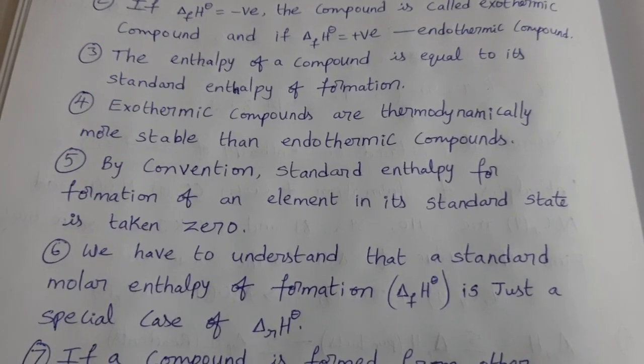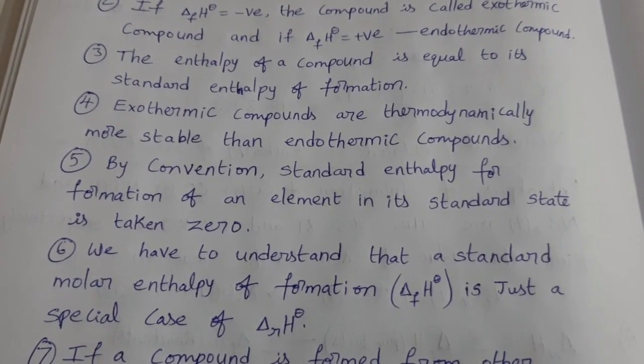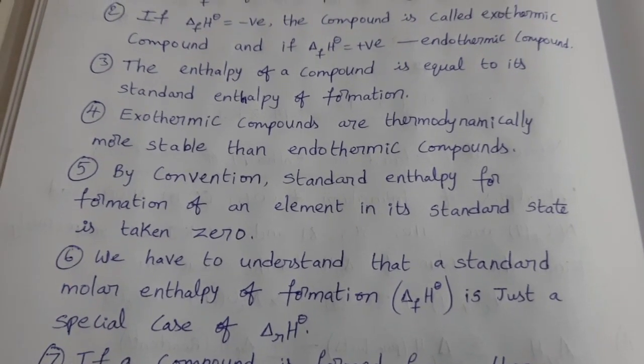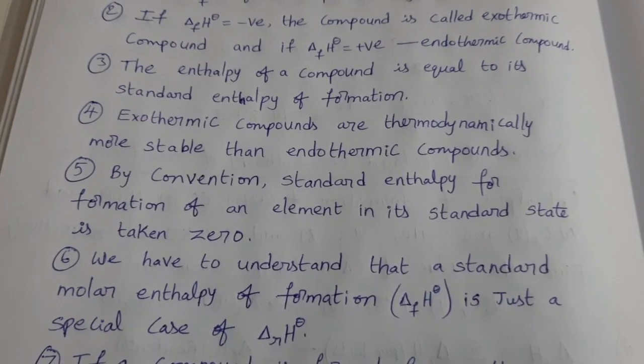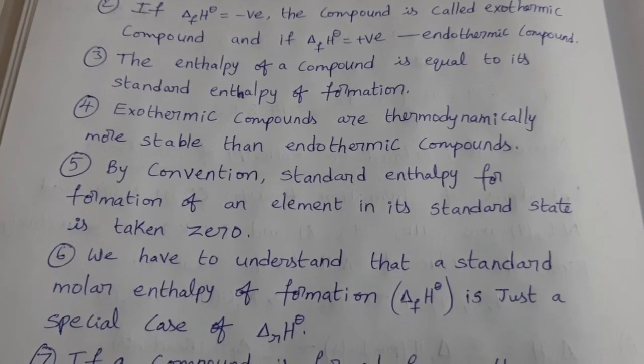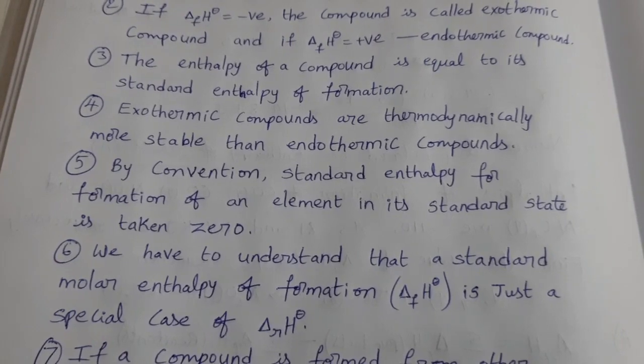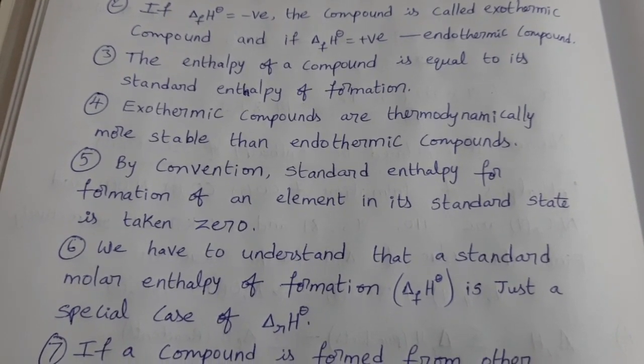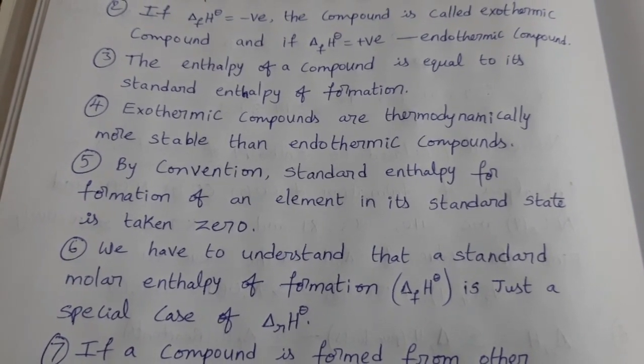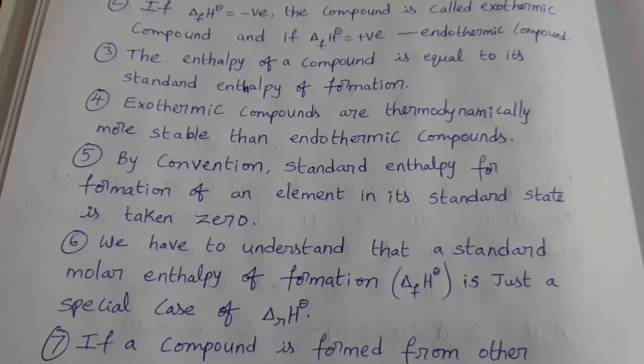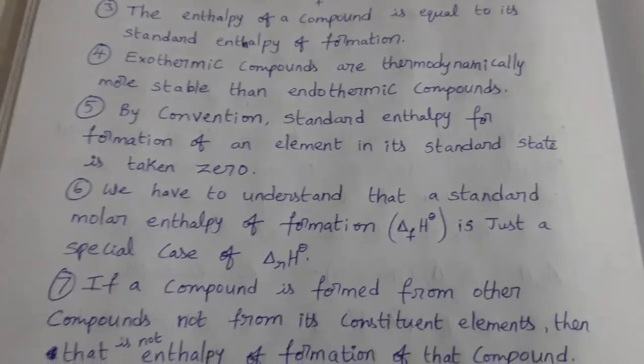What is delta R H naught? Standard enthalpy of the reaction. So, in the standard enthalpy of the reaction, when 1 mole of the compound is formed from its constituent elements in the standard state, that is the standard molar enthalpy of formation.